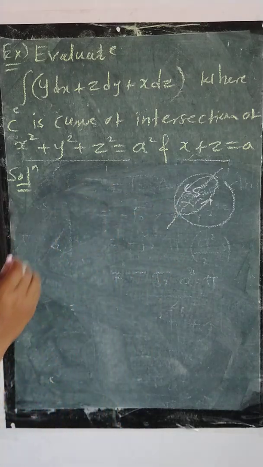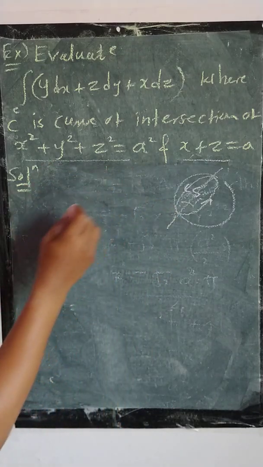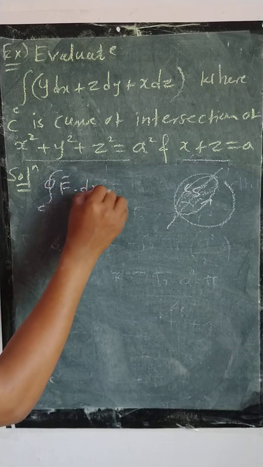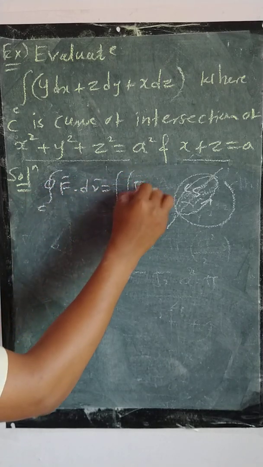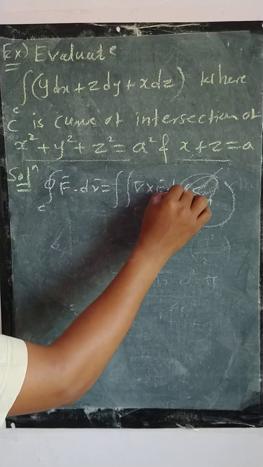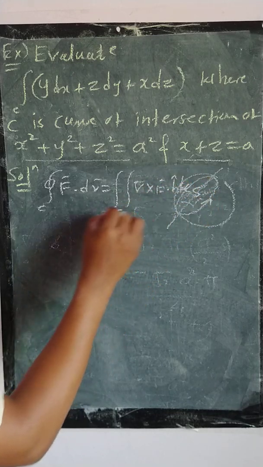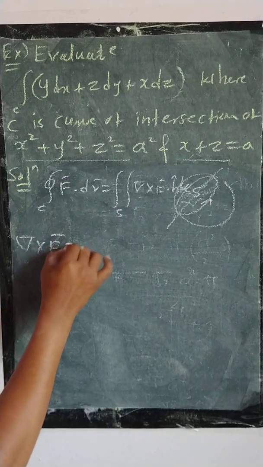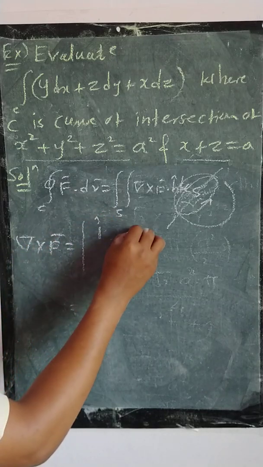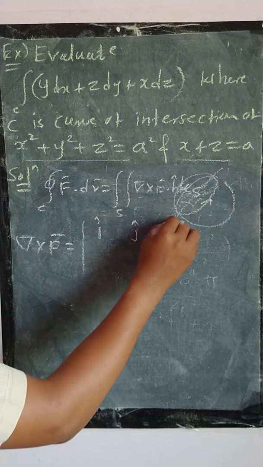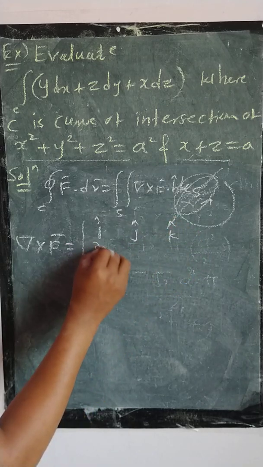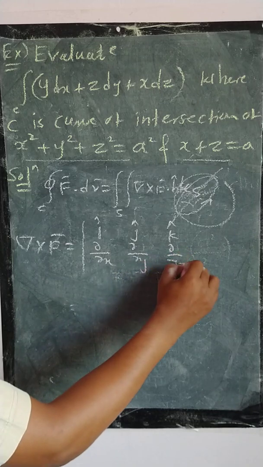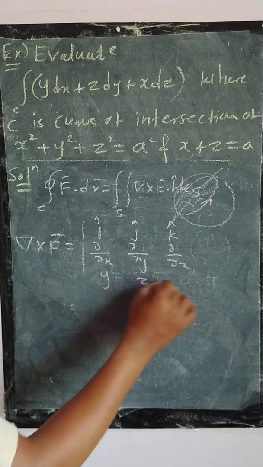So therefore, by Stokes theorem, the integral over the closed curve C of f bar dot dr bar is equal to the double integral of del cross f bar dot n cap dS over the surface S. So let us evaluate del cross f bar. Del cross f bar is the determinant of i cap, j cap, k cap; partial derivatives with respect to x, y, z; and y, z, x.